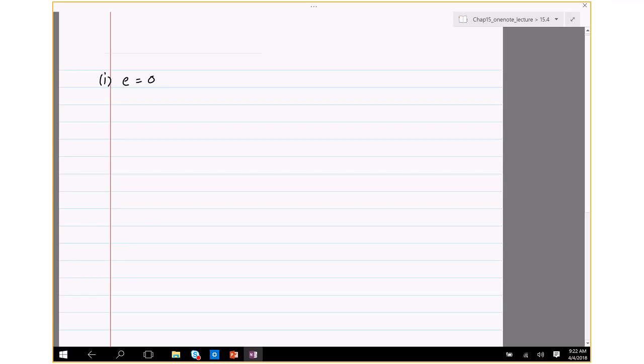What does E equals 0 mean? It means that VA2 minus VB2 equals 0, so the velocity after impact of A is equal to the velocity of B after impact. This is also called a plastic impact.